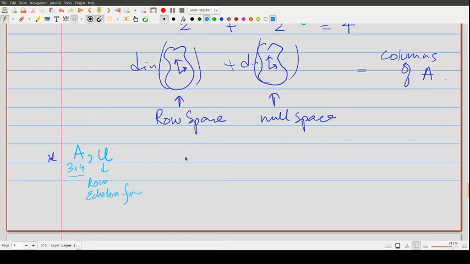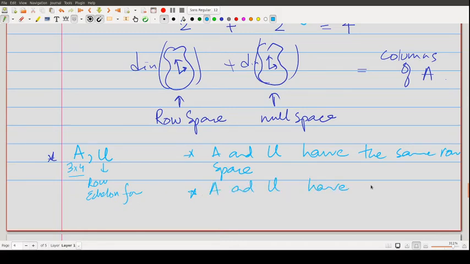Then there are a few facts to notice. The first one is that A and U have the same row space, which we already saw as a theorem, but A and U have different column spaces.